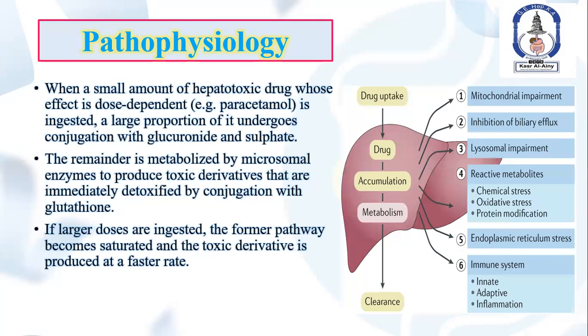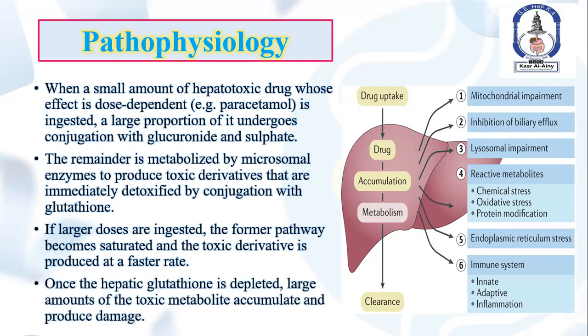If larger doses are ingested, the former pathway becomes saturated, and the toxic derivative is produced in amounts that the liver is unable to detoxify by conjugation with glutathione. The drug will accumulate and cause liver injury.